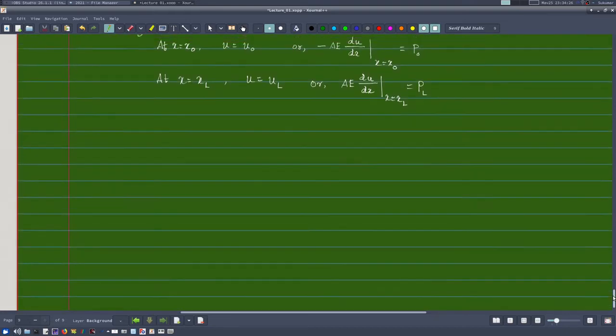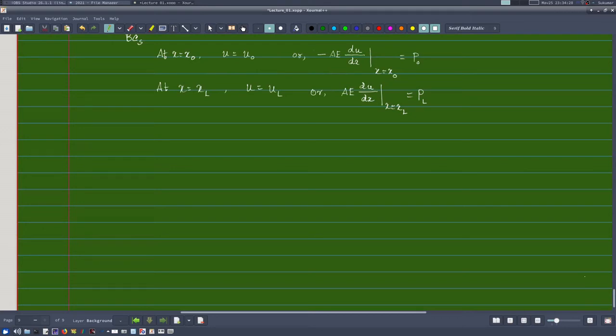Now we call this weak form, this Galerkin's method or even Rayleigh's method. We call them weak form because the solution does not fulfill the actual solution at every point.